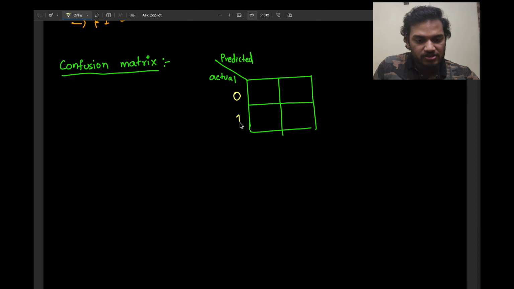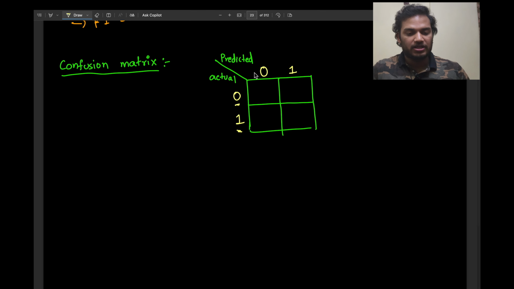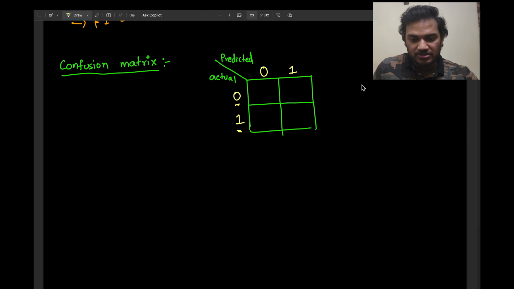We'll have two classes. This part tells about the actual 0 class and actual 1 class, and this column tells about the predicted 0 class and predicted 1 class. So my confusion matrix will be like this. For the values present over here, the actual output is 0 and the predicted output is also 0.